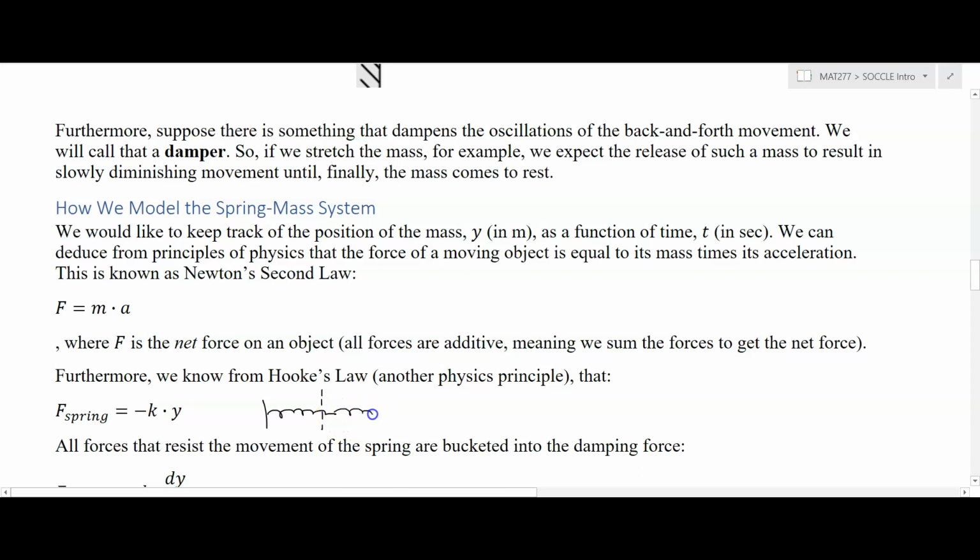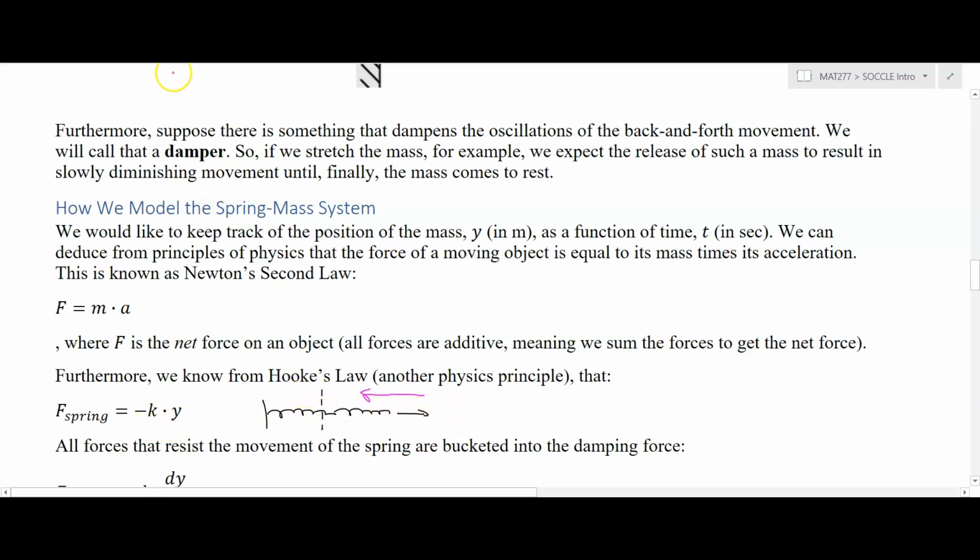Now imagine that you stretch this thing out, and you continue stretching it out this way. Where does that spring want to go? Well, the spring wants to go back to rest, right? So the force is this direction, and the more you stretch it out, the stronger that force is in that direction, which explains why the spring force is negatively proportional to the displacement.